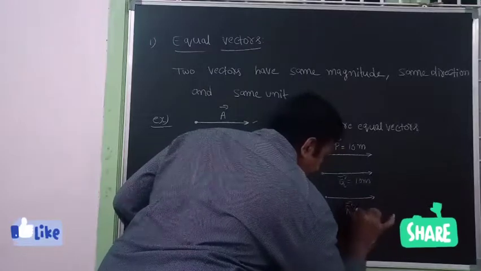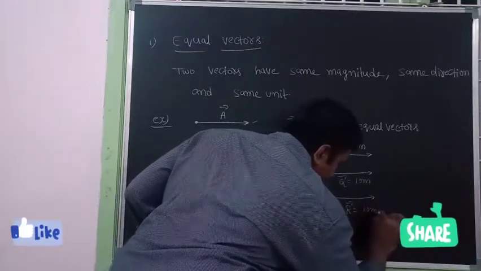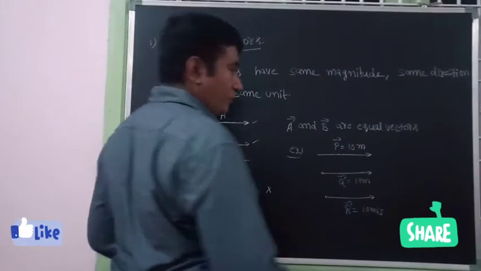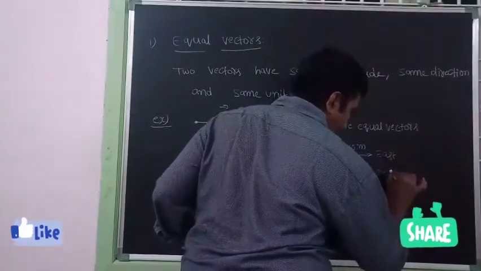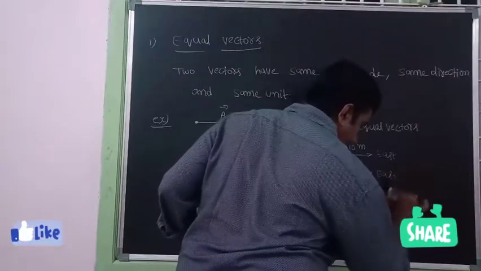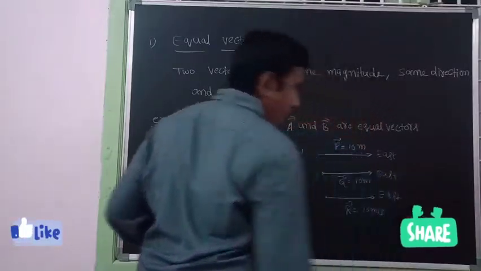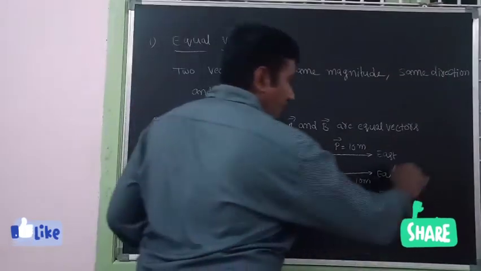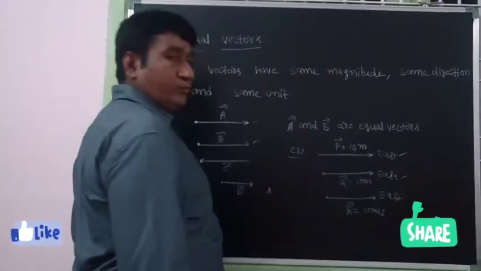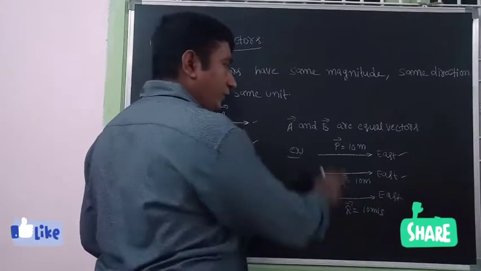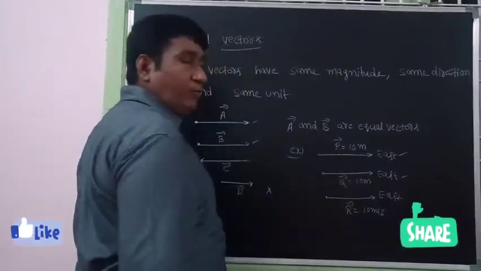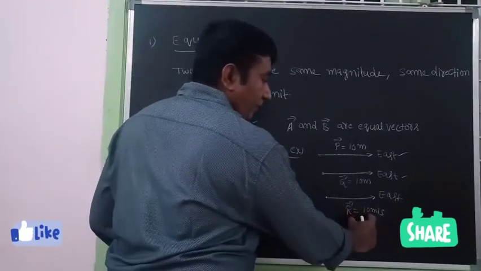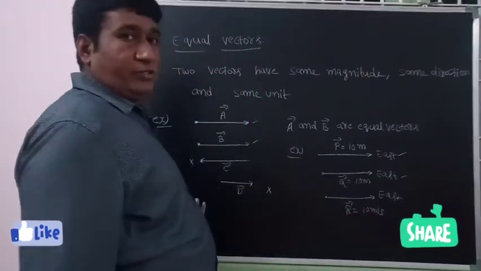R vector is equal to 10 meter per second. All of these are along east. P and Q have the same magnitude, same direction, and the same unit. So we cannot say P and R are equal, because they may be equal in magnitude, but the unit is different.